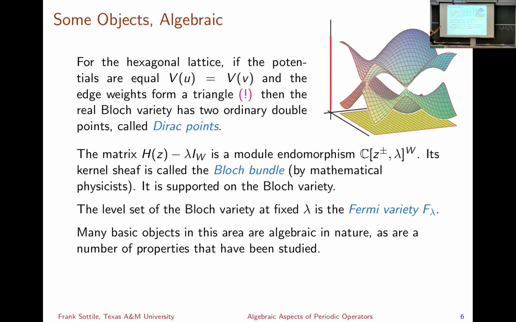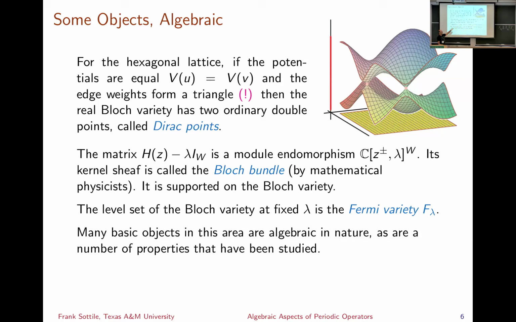So now the thing that I really like, and this is one of the things that I learned from an undergraduate in my department, who is now a PhD student at Princeton, is that this characteristic matrix is a module endomorphism of this free module, and the kernel sheaf of it is called the Bloch bundle.